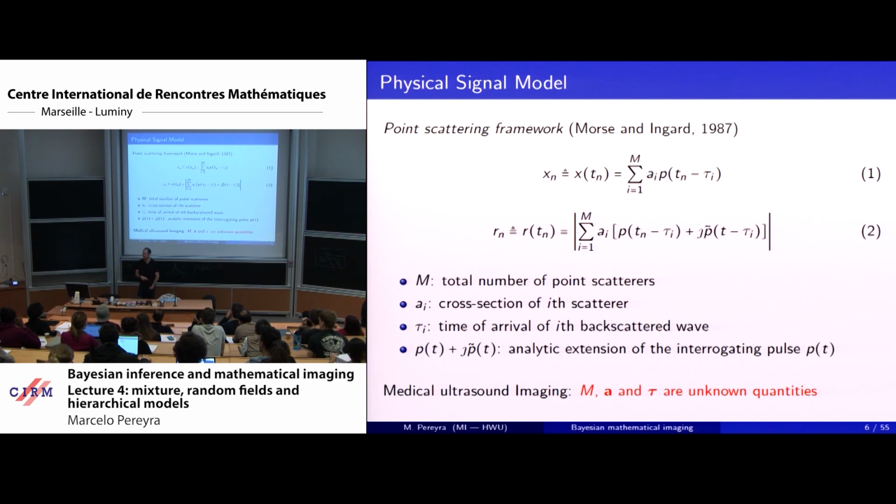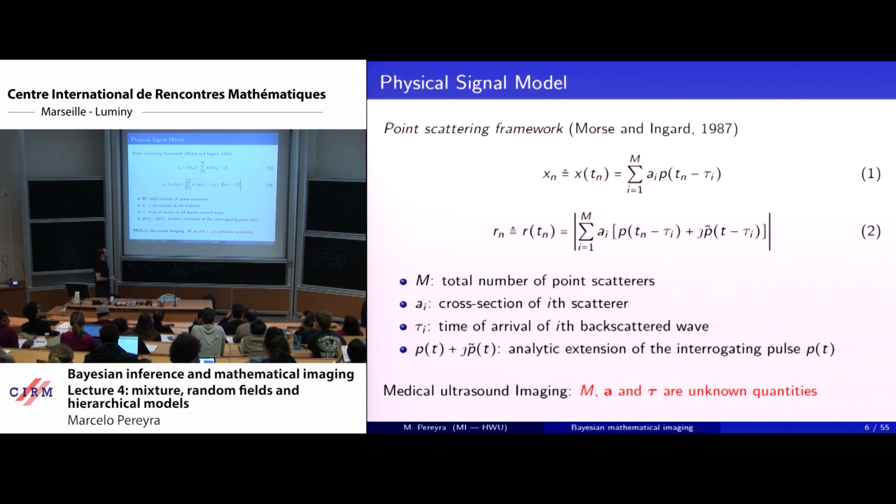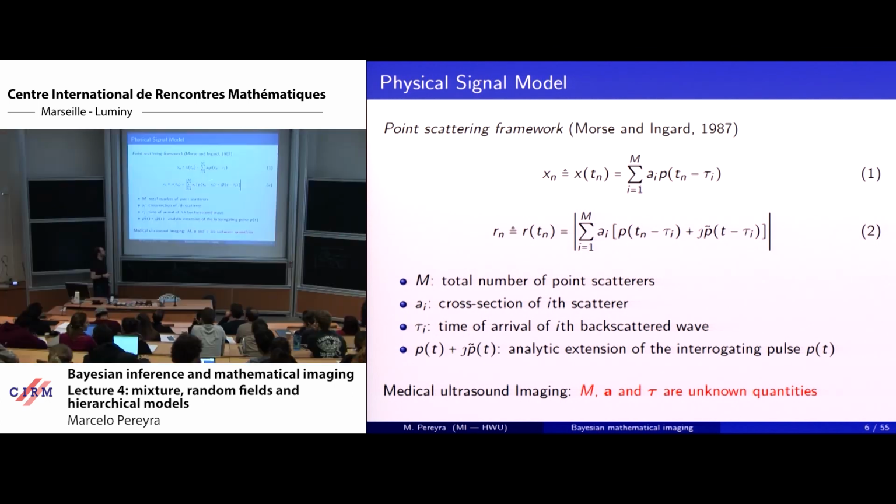I'm assuming at least weak dependence, and mainly what I know is that p is upper bounded by some constant that I'll decide is like 1, because any other value can be absorbed by a_i. And this looks like an oscillation function, and once I put the random tau i in here, I'm assuming that what I get out is a uniform random variable between -1 and +1 or something like that.